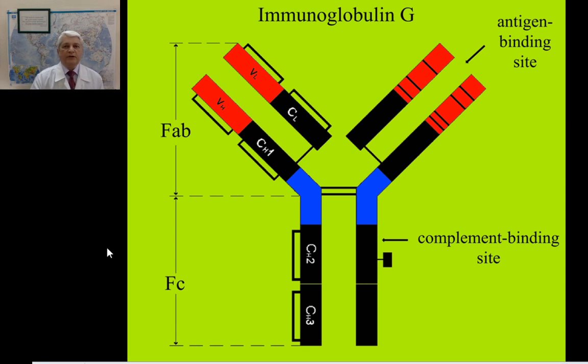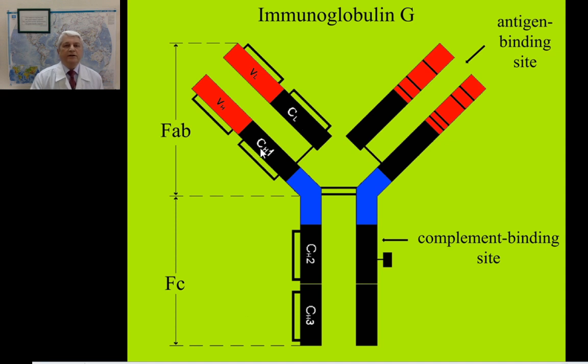How to call them? Very simple. We write large letter C, and then if together with C we are writing index as large letter L, it means constant domain of light chain.